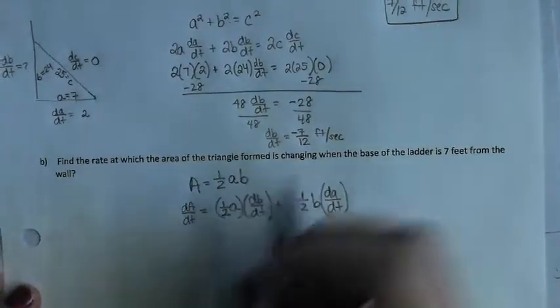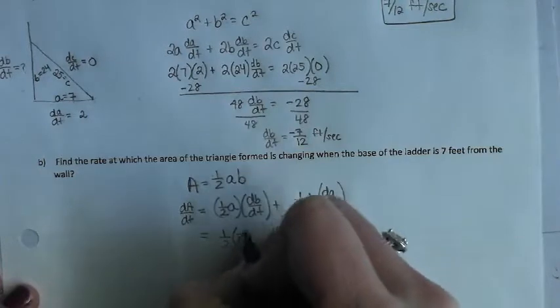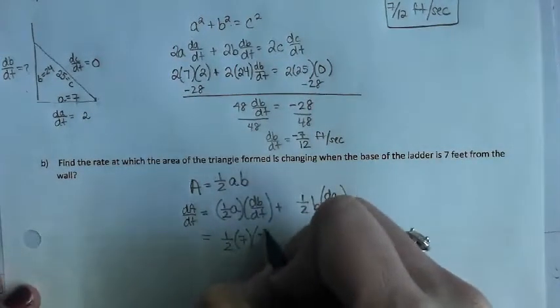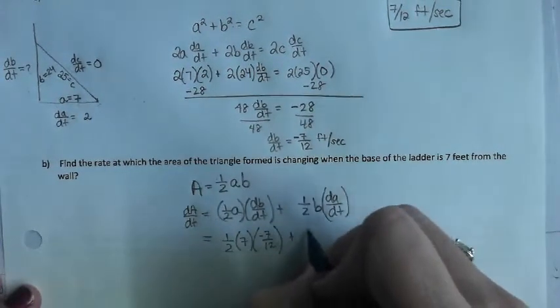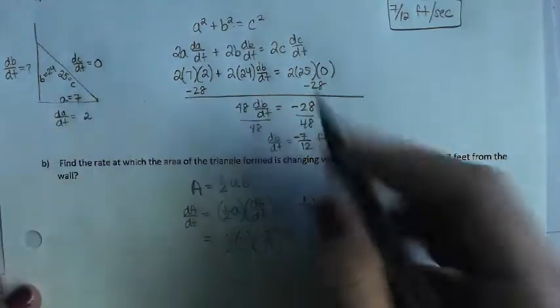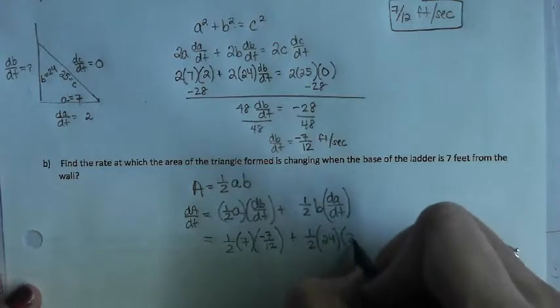Plug in what we know, and we know pretty much everything here. So we've got 1/2 of A, so 1/2 of 7, dB/dt was negative 7/12, plus 1/2 B, 24, dA/dt 2.